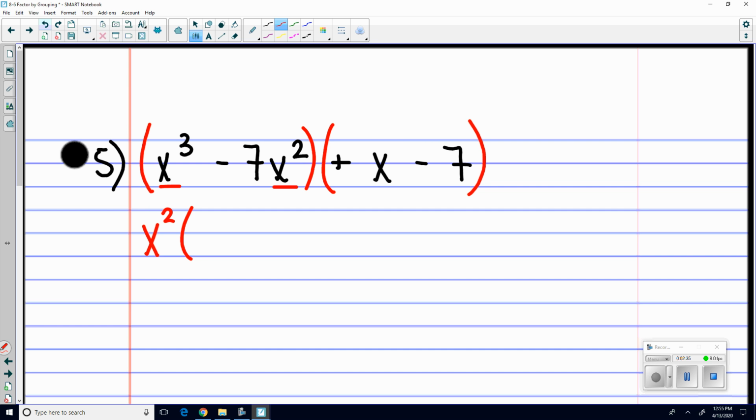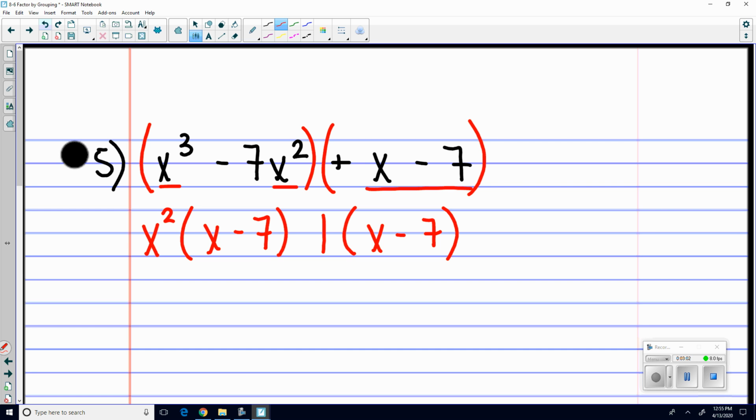If I pull an x squared out, I'm left with x minus 7. All right, so I need my second one to say x minus 7. Well, here's the deal. It actually already says x minus 7. So what can you pull out to leave it as x minus 7? Nothing but a 1. So we can pull out a 1 because 1 times itself is still going to be x minus 7. All right, that's step 1.